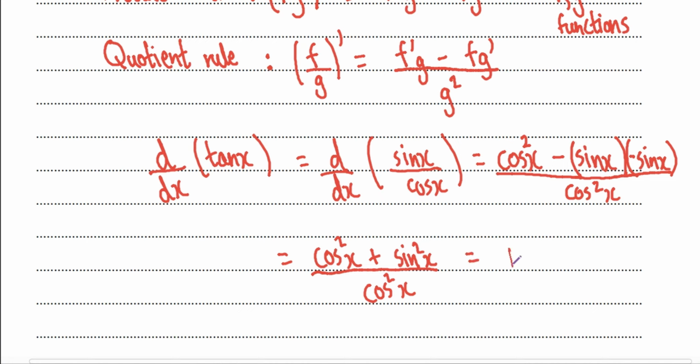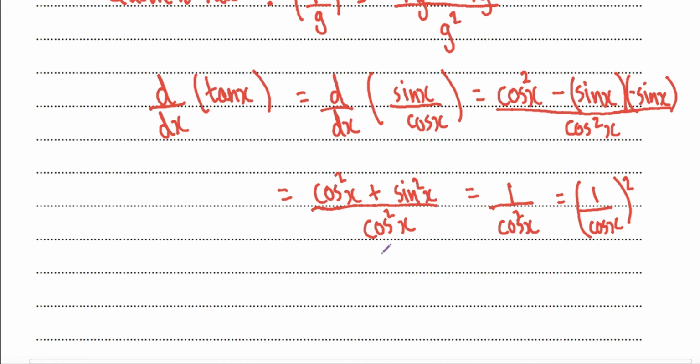That's a very famous identity that you should know. And then 1 divided by cosine squared of x, well, we know that's the same as 1 divided by cosine of x all squared, because 1 squared is just still 1, and that is equal to the secant of x all squared. Secant of x is just 1 over cosine x.